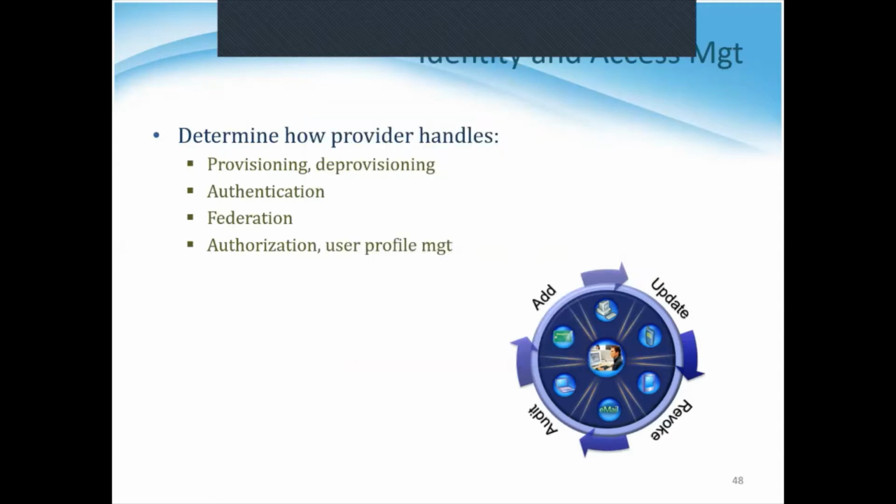These are the major ideas about how to keep the data safe from one source to destination. Add, update, revoke, and audit. This is used for authentication purposes on the user side.